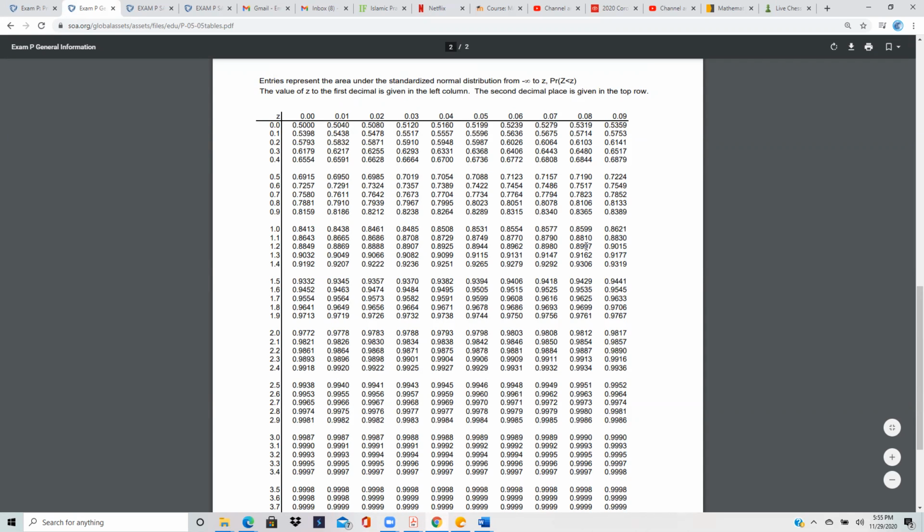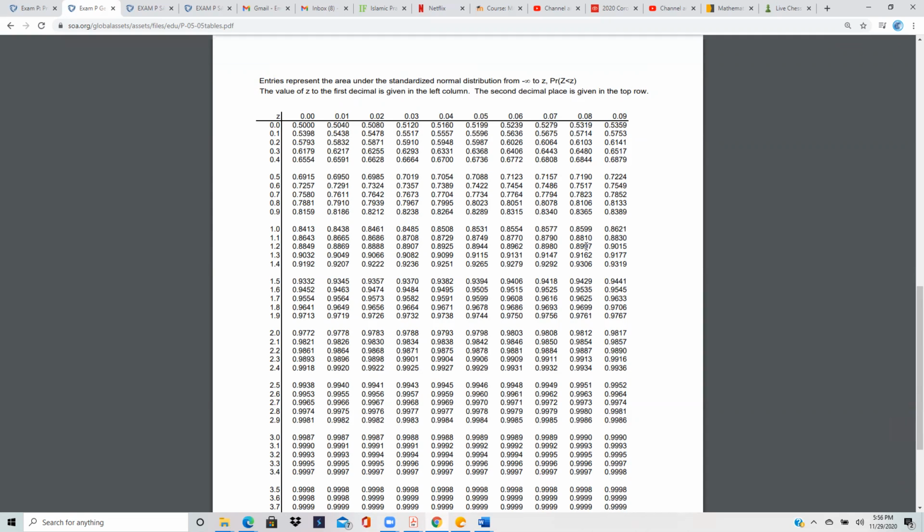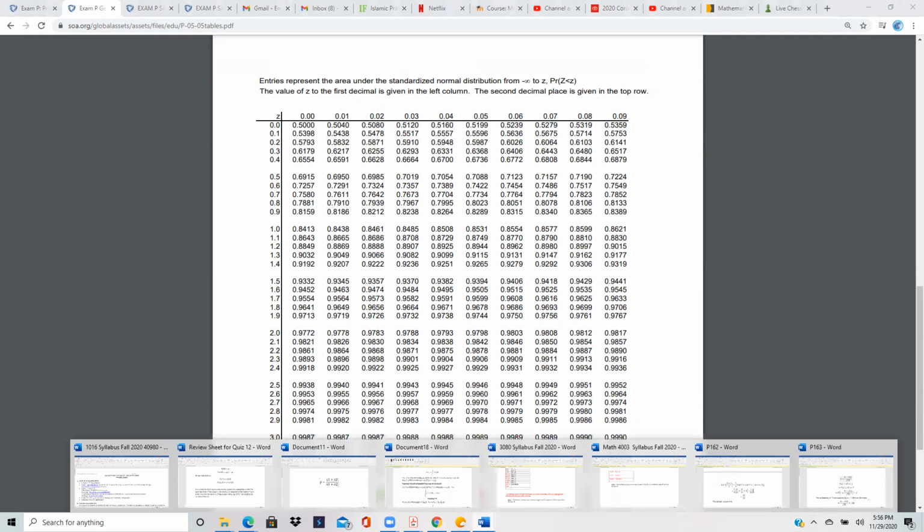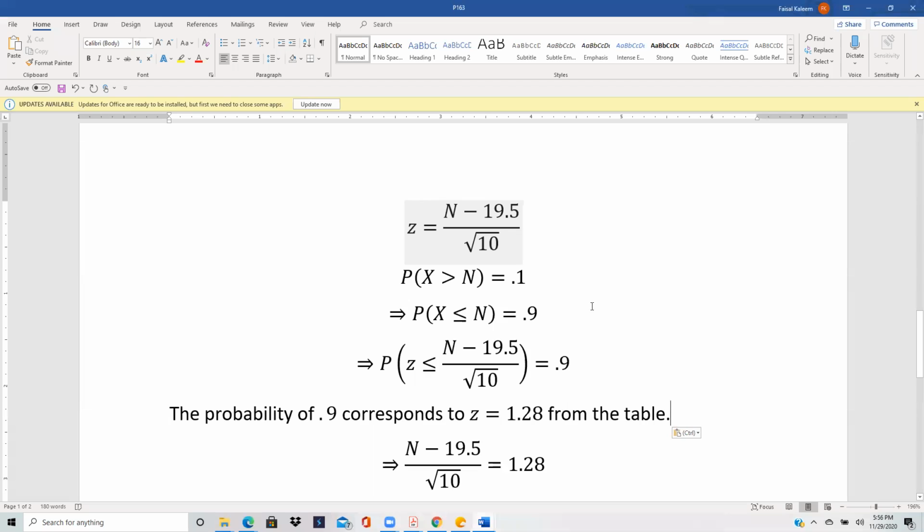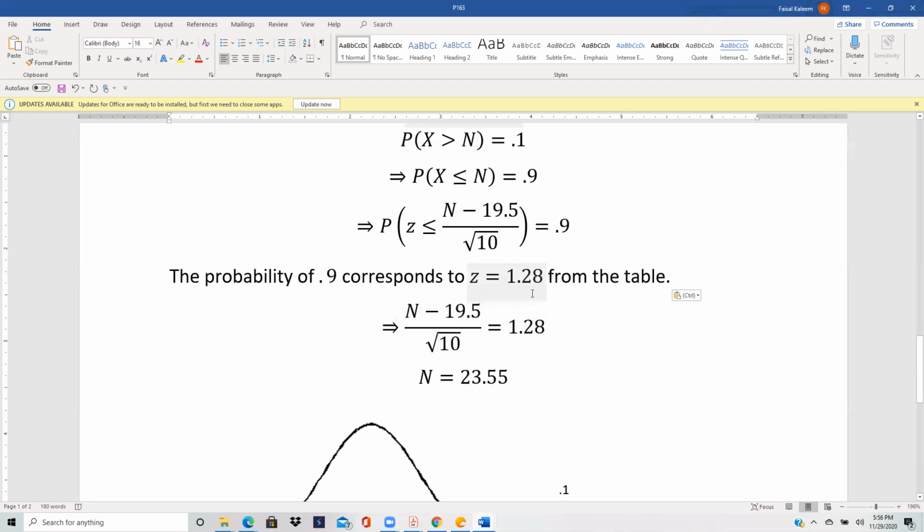So it's much closer to 0.8997. So you can do 1.28. That's what's corresponding to 0.8997. So z equals 1.28. And therefore that means that n minus 19.5 over square root 10 equals 1.28. And when you solve this for n, you get 23.55.